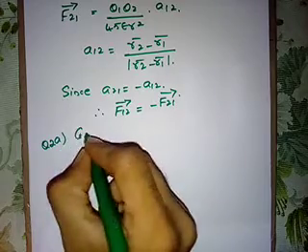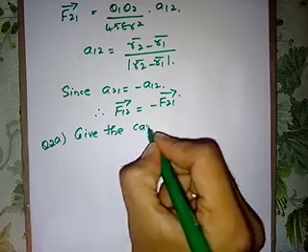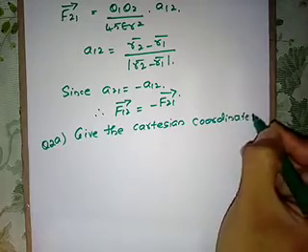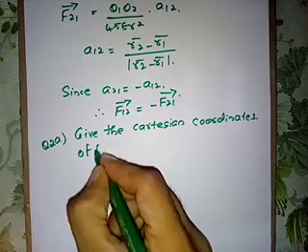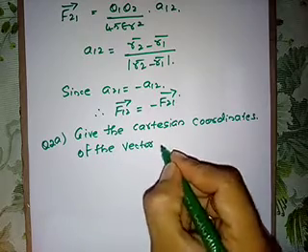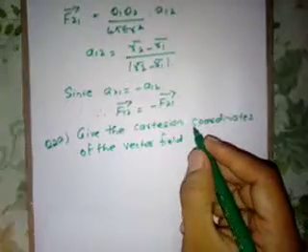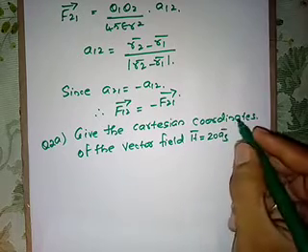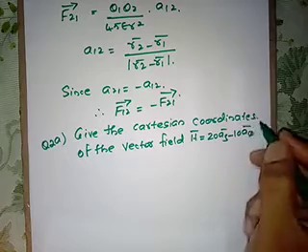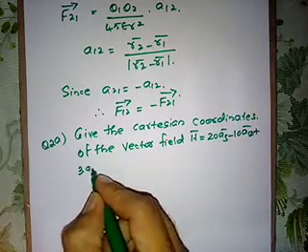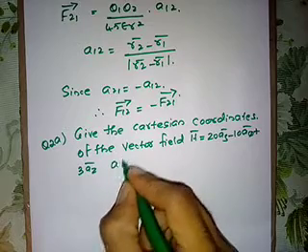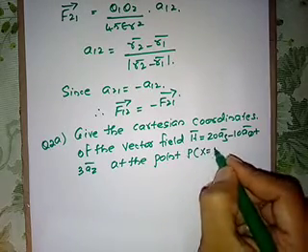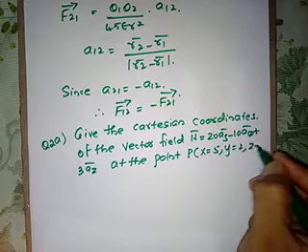Give the Cartesian coordinates of the vector field H bar is equal to 20 a rho bar minus 10 a phi bar plus 3 a z bar at the point P of x equal to 5, y equal to 2, z equal to minus 1.